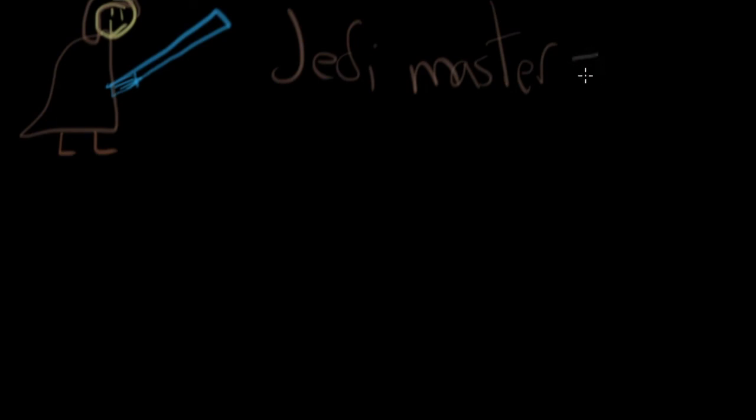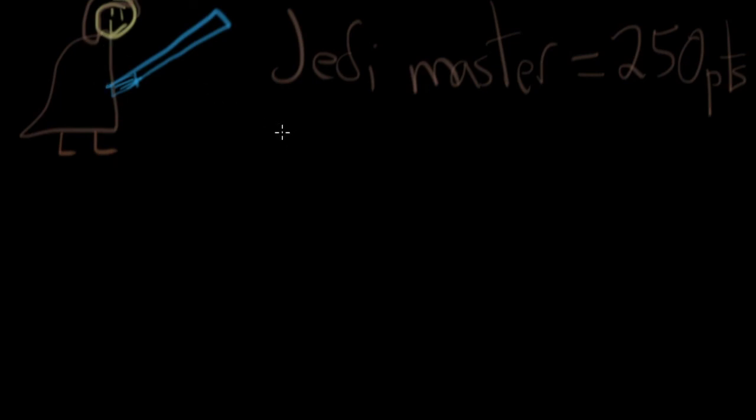So what's the story? Well, the story is to become a Jedi Master. If we want to become a Jedi Master, you need to amass 250 Jedi points. You need 250 points. Now, how do you get 250 Jedi points?